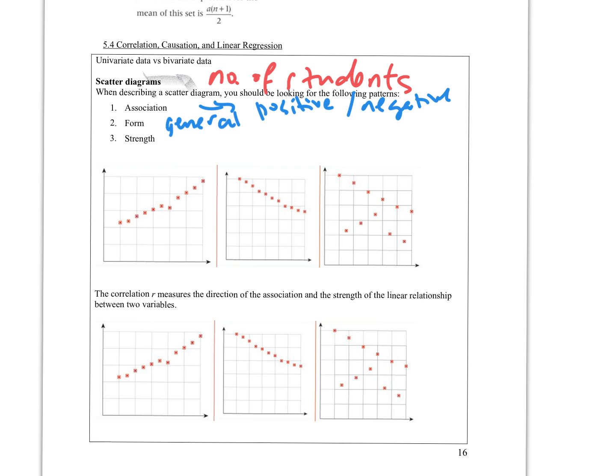So for example, if you look at the first one, this is going up, so this is what we call positive. I'm going to use the word correlation here. Correlation measures the direction of the association and the strength of the linear relationship between the two variables. The second one is going down, so this is negative correlation.